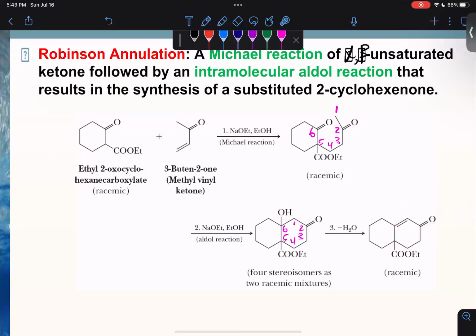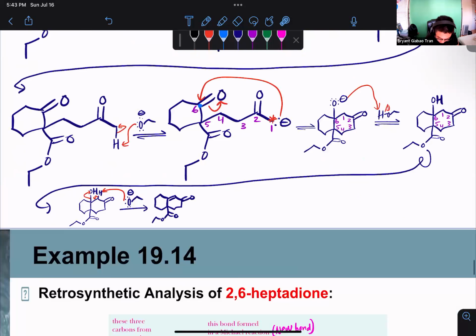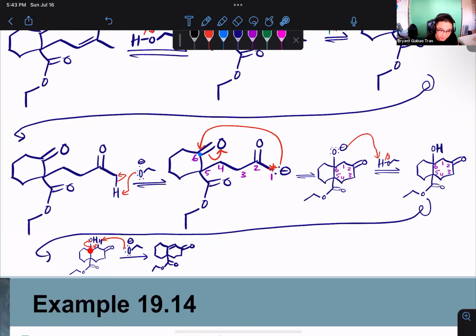So does it attack that alpha carbon because it's just closer? Yeah, this alpha hydrogen is the most acidic hydrogen because it's right between the two most electronegative atoms. And then once it does that, it is going to form a double bond right here and then kick out the alcohol group right there, forming our enone here.